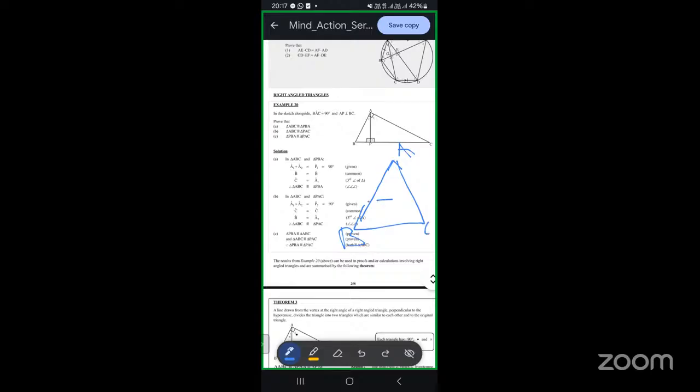I draw some line there that is parallel to BC, and I call it DE. Now I'm asking you if these triangles are similar or are they the same?